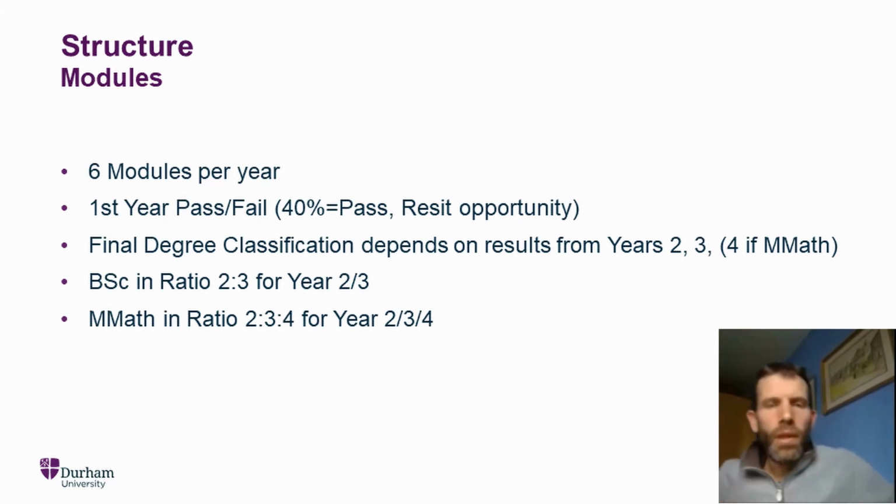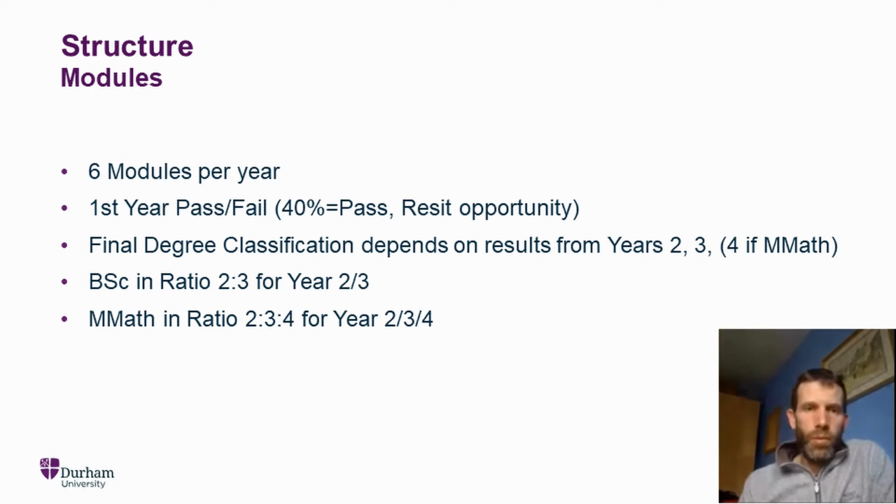Okay, now all the degrees in Durham University really, all the undergraduate programs, involve 6 modules a year. 6 full modules, although there are also half modules as well. So you do 6 modules per year. In the first year, it's basically a pass or fail.